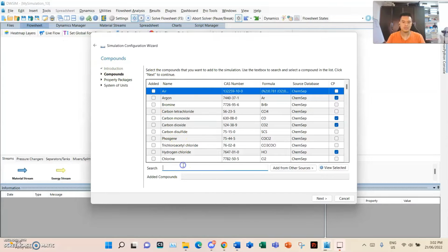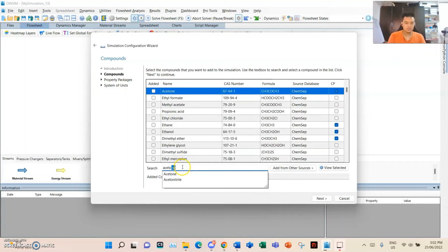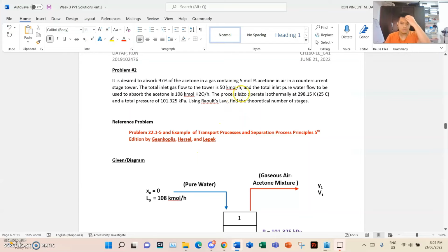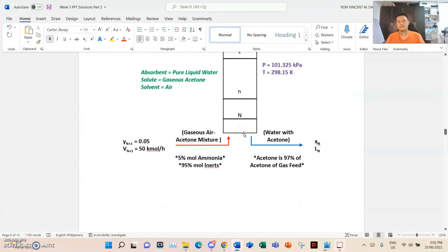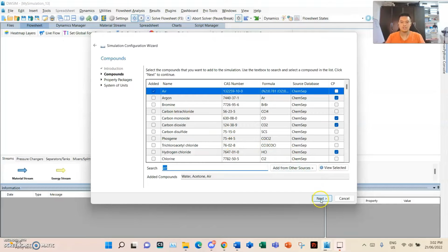So we'll click here, water, enter, acetone, and air. Only water, acetone, and air are the components considered in this problem. So we'll click next.